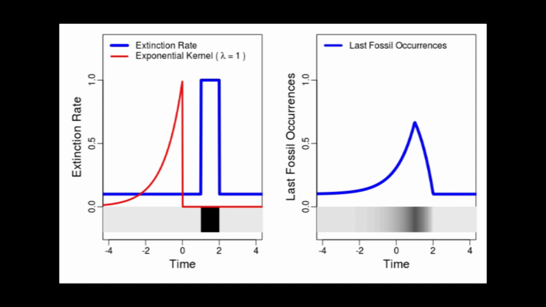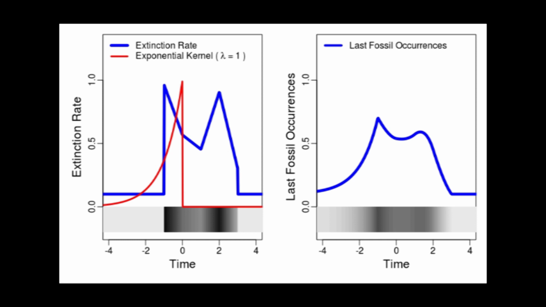And again, the same principle can be applied to a very, very complex extinction rate simply by convoluting the extinction rate with the exponential kernel, and we get what we then actually observe in the outcrop, which is our last fossil occurrences.